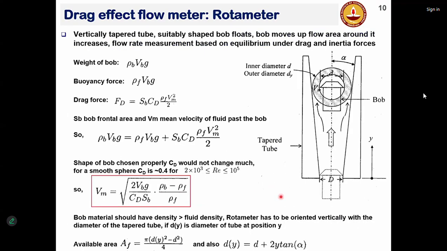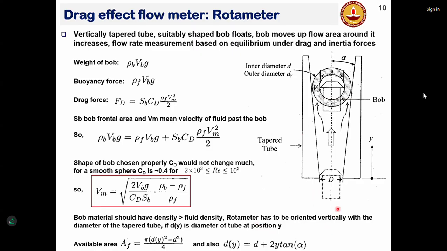Okay, so now I would talk about one more flow measuring device, that is the drag flow meter, and this is also called a rotameter. So these rotameters typically have a tube sort of arrangement, and the tube is a tapered tube.